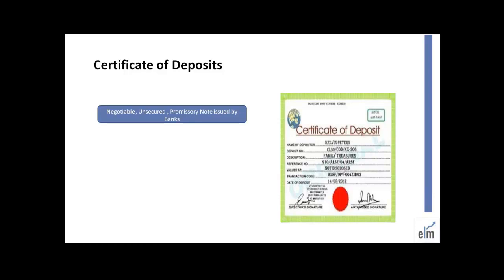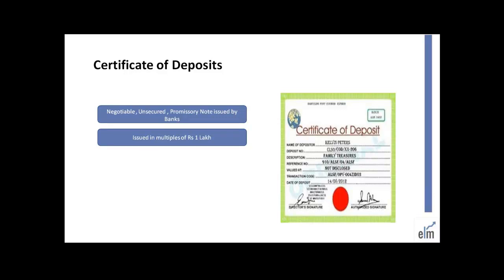It is similar to a bank term deposit, and these certificates bear the maturity date, fixed rate of interest, the nature of interest at which it is issued, etc. As we can see in this diagram, all the details regarding the loan are specified on this certificate of deposit. The CDs are again issued in multiples of rupees 1 lakh and more.